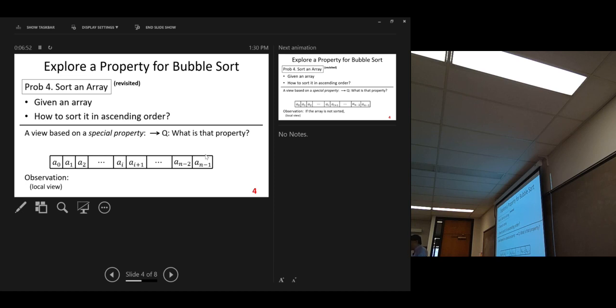This time we take a local view. So what kind of local view do we take? Let's make this assumption: if the array is not sorted, what property do we have? What conclusion can you get if it's not sorted?